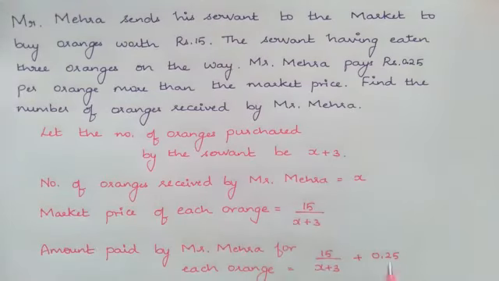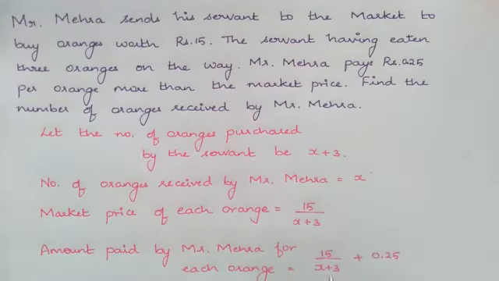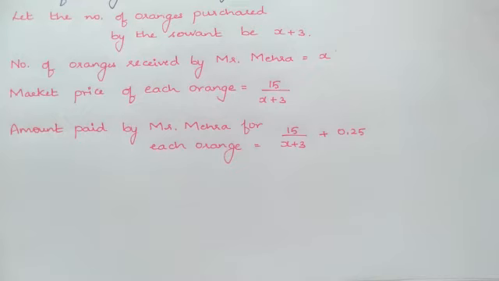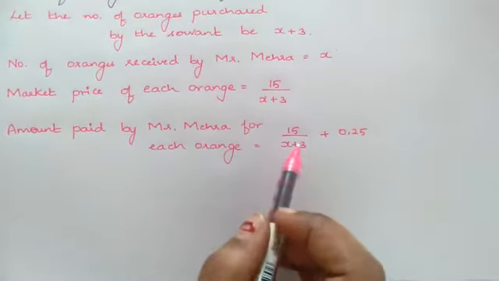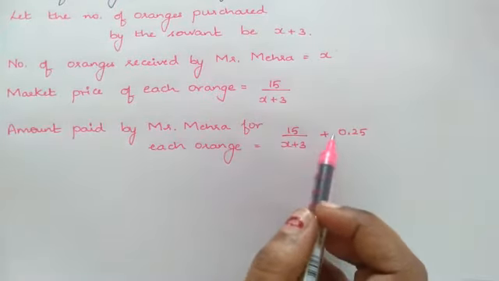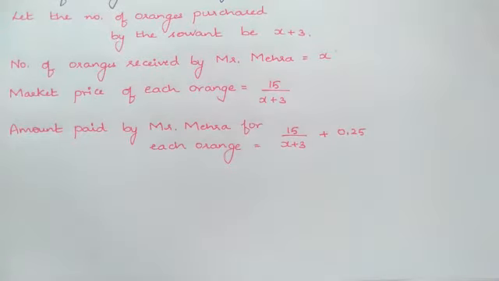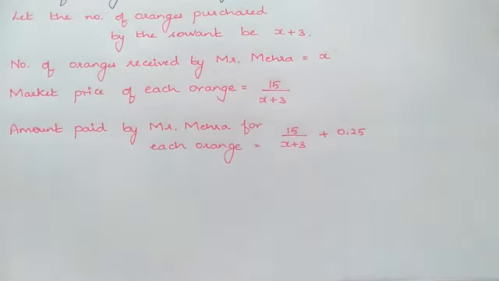So according to his count, for x oranges, he has paid so much rupees for each orange. So x into this much cost is nothing but rupees 15 for him. So now according to Mr. Mehra, for x oranges which he has received, he has paid for each orange 15 by x plus 3 plus 0.25. In total he has given 15 rupees.